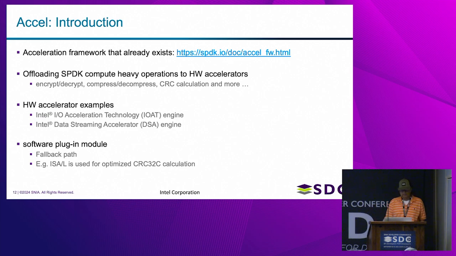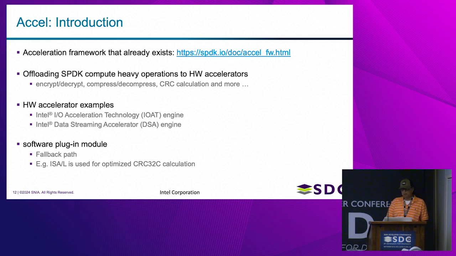There are hardware accelerators already available. Along with the IPU, there are other kinds of hardware accelerators that can take advantage of this Accel framework. One is called IOAT, or Intel I/O Acceleration Engine. There is also the Intel Data Streaming Accelerator, or DSA.